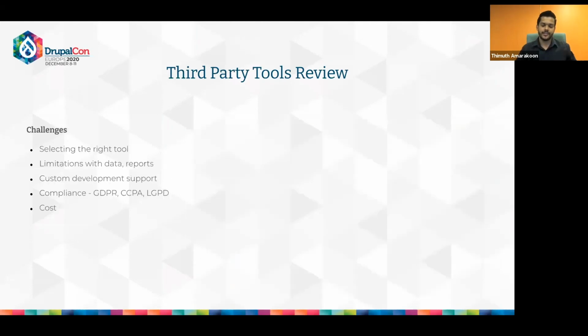And the challenges. Yes, there's a vast collection of tools, so you have to select the right tool to work with your website. That will be a challenge, obviously. And sometimes some of these tools are not as flexible as you want them to be. Like if you want to generate custom reports, or if you want to export the data and do your own data analysis, there can be limitations.